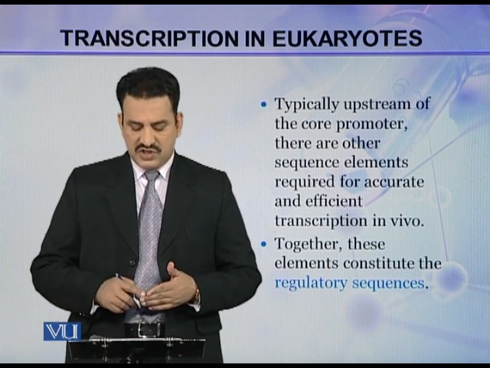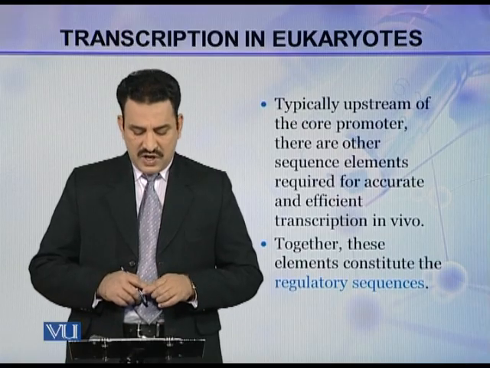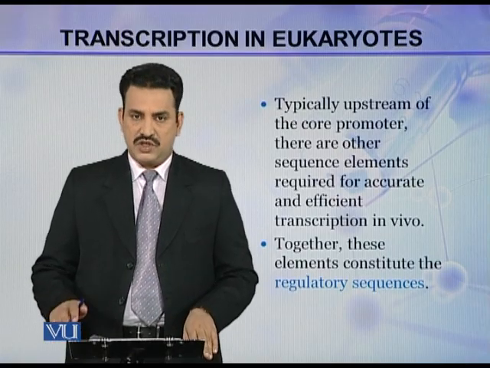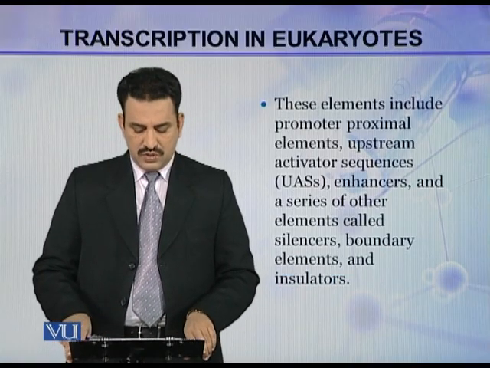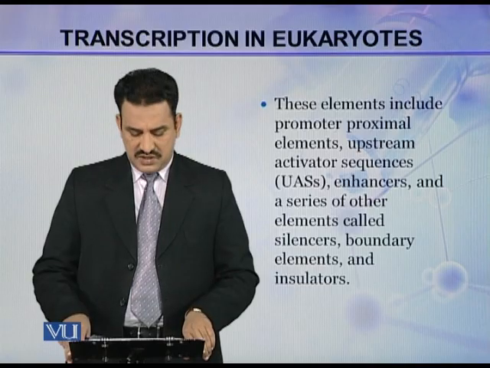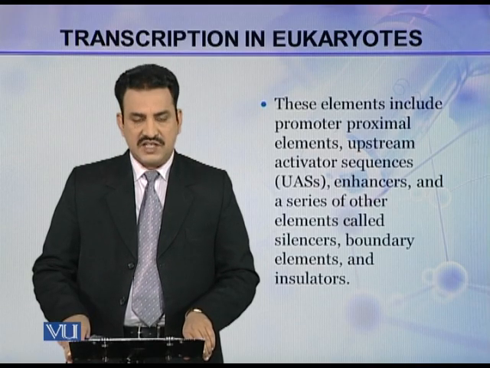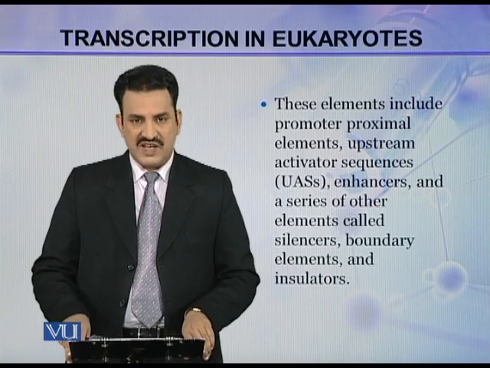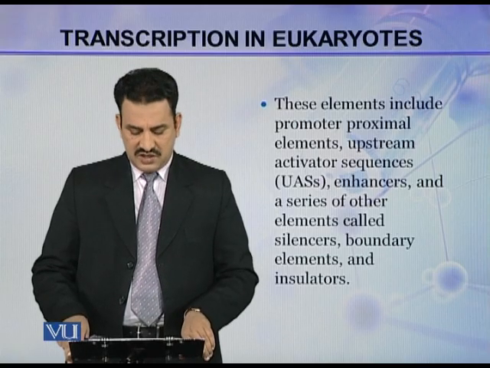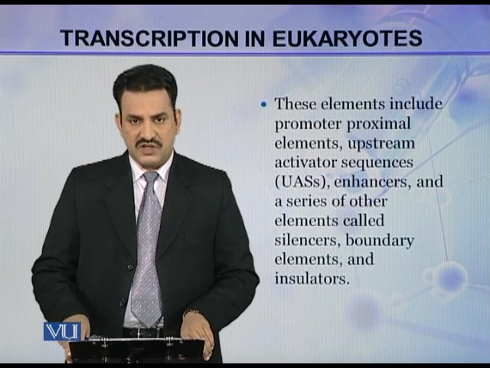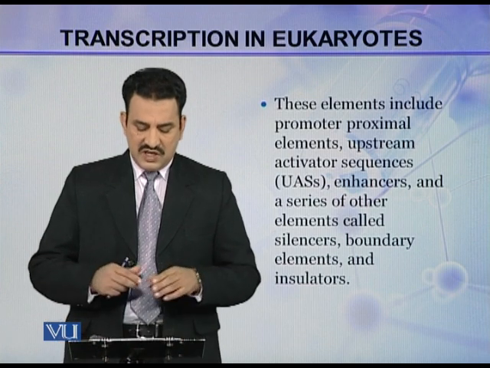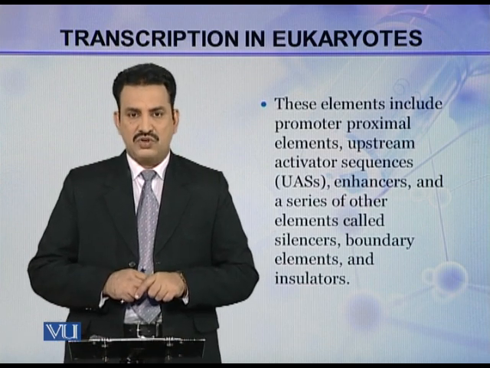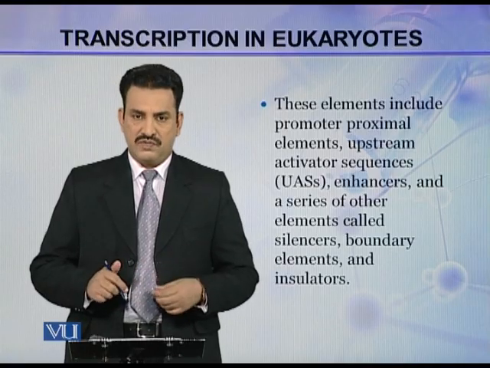So these regulatory sequences are also required for accurate and efficient transcription. These elements include the promoter proximal element, upstream activator sequences or UAS, enhancers, and a series of other elements called silencers, boundary elements, and insulators. So all these regulatory elements are also required for the initiation of transcription.